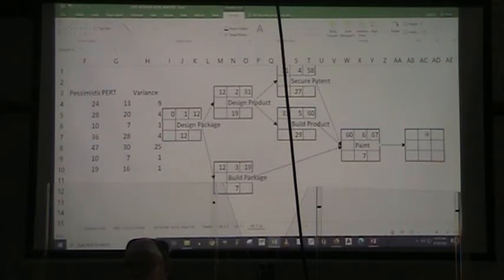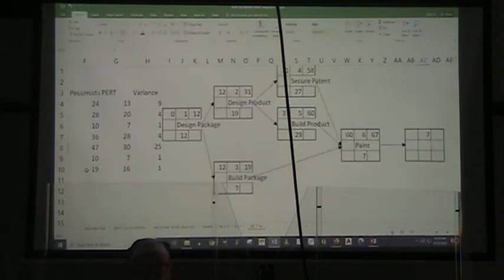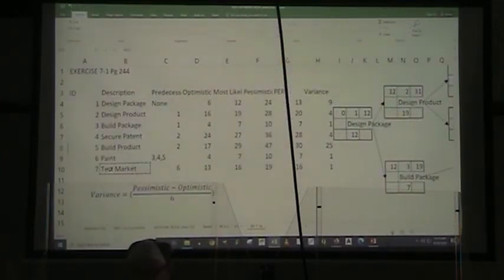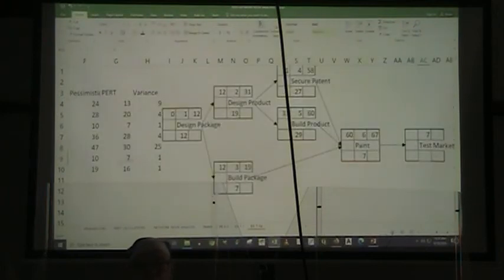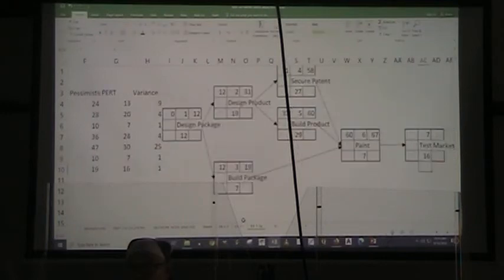Okay, so this is our activity number 7 equals number 7 equals our description, which is test market, and equals our duration, which we are taking as our most likely time.